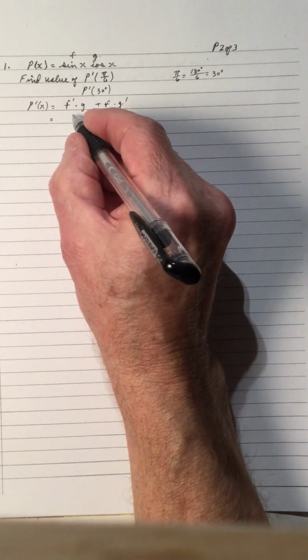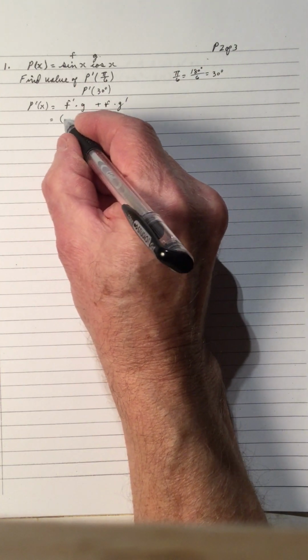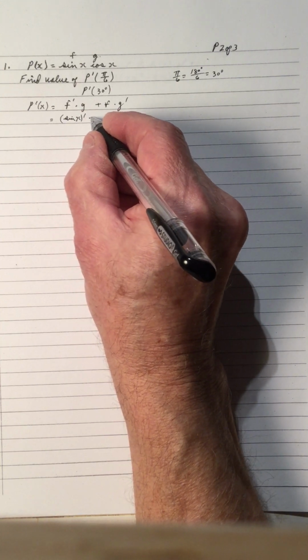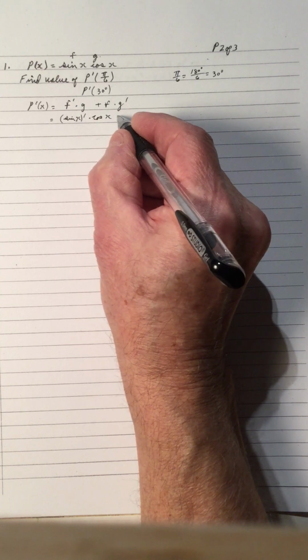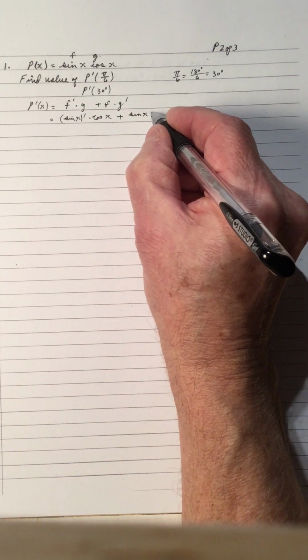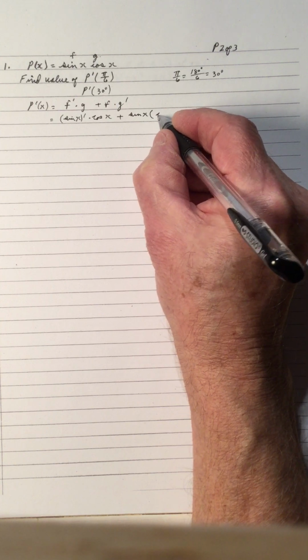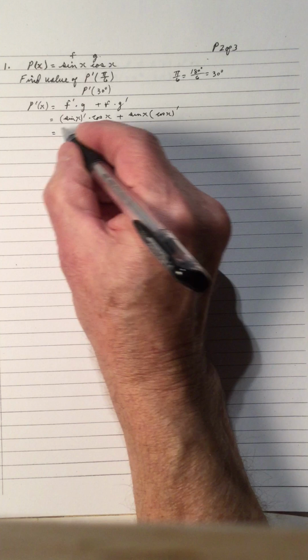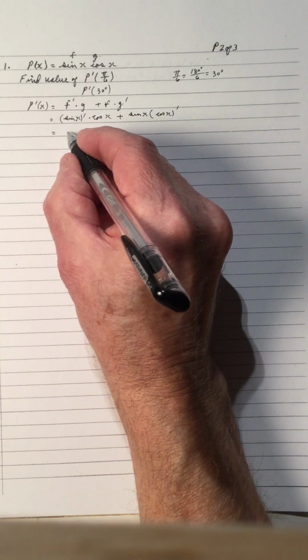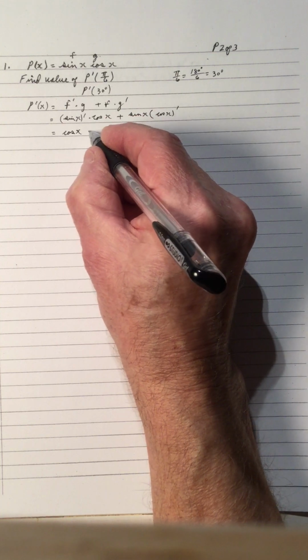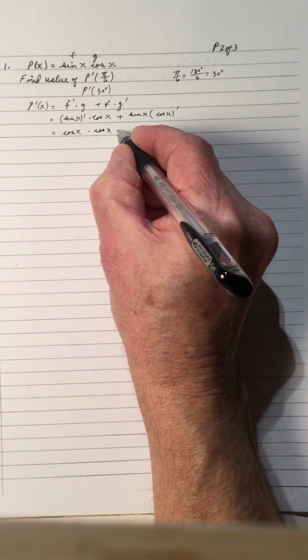So F prime, the derivative of sine, is cos x, times cos x.